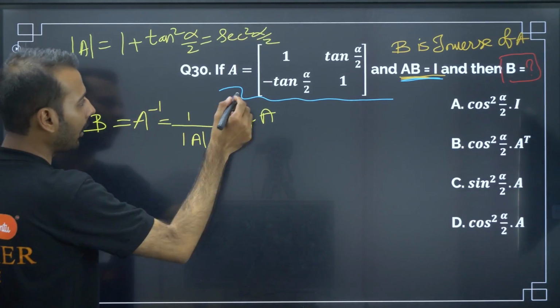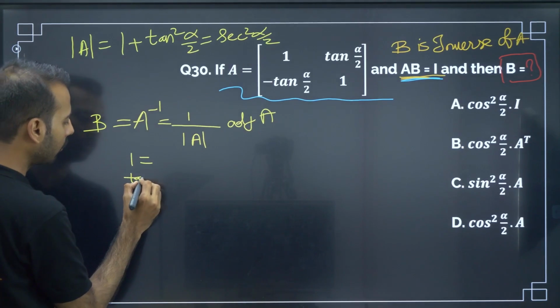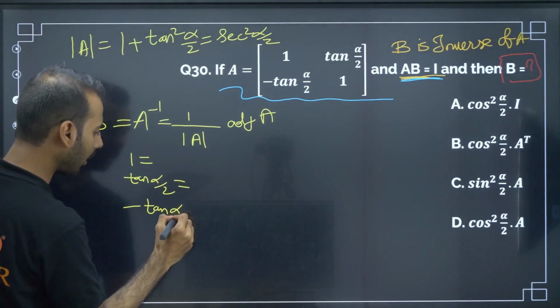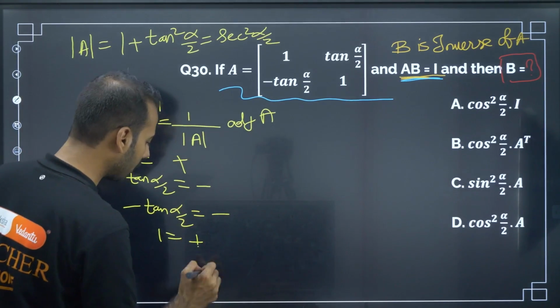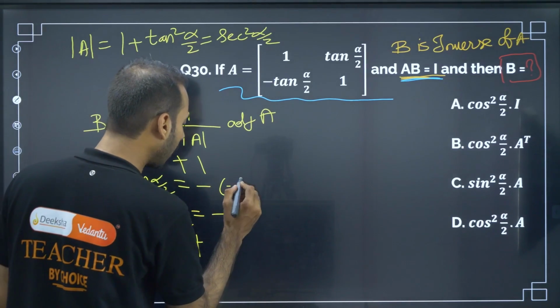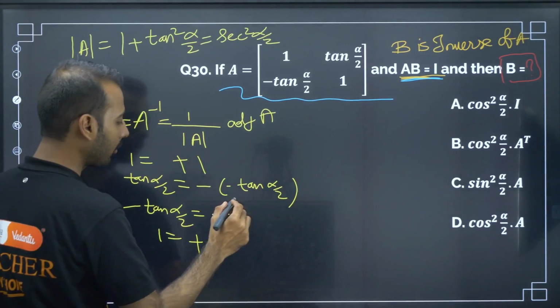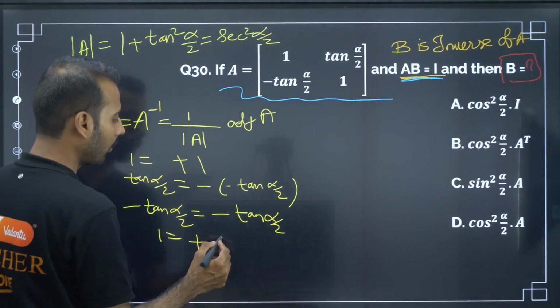So the adjoint of A means, with 4 elements, 1, tan alpha by 2, minus tan alpha by 2, 1, with signs plus minus, minus plus: for 1 it is 1, tan alpha by 2, minus tan alpha by 2, then minus tan alpha by 2, tan alpha by 2, for 1 it is 1.